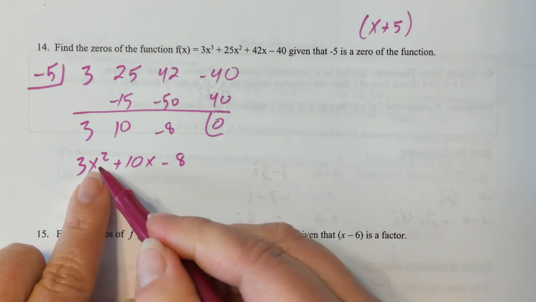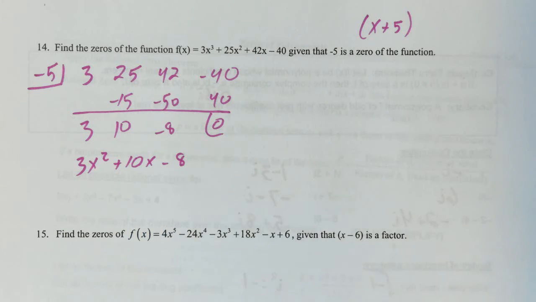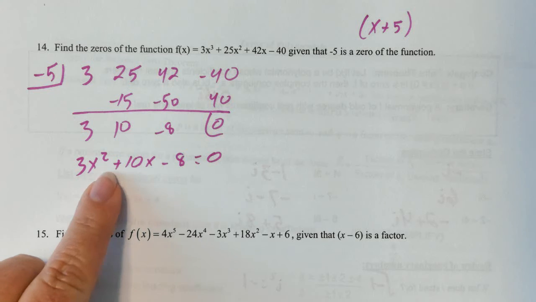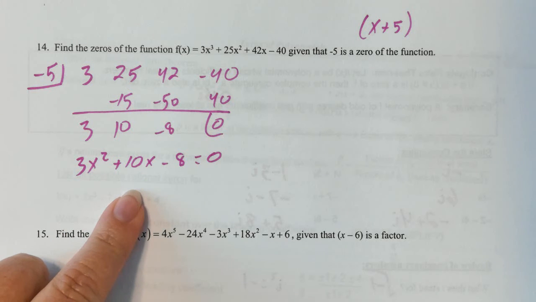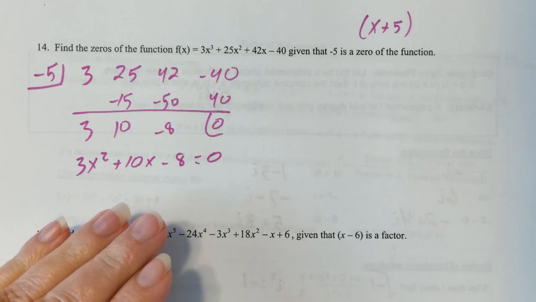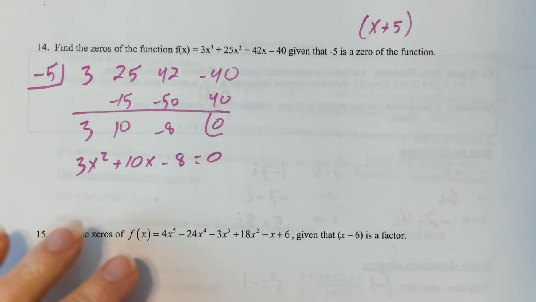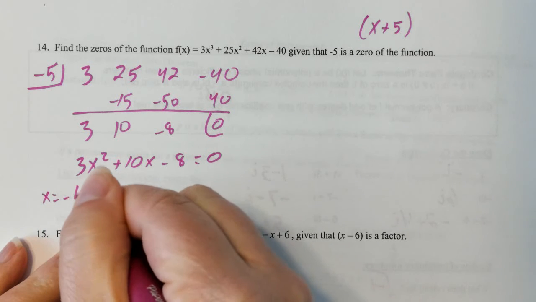Notice I knew it was an x squared because the original had an x to the third. If I set that equal to 0, now I have a quadratic. This thing will have 2 zeros. I can try to factor. I'll just let you know this one's not going to factor out very nicely, so we're going to use the quadratic formula. Remember quadratic formula.